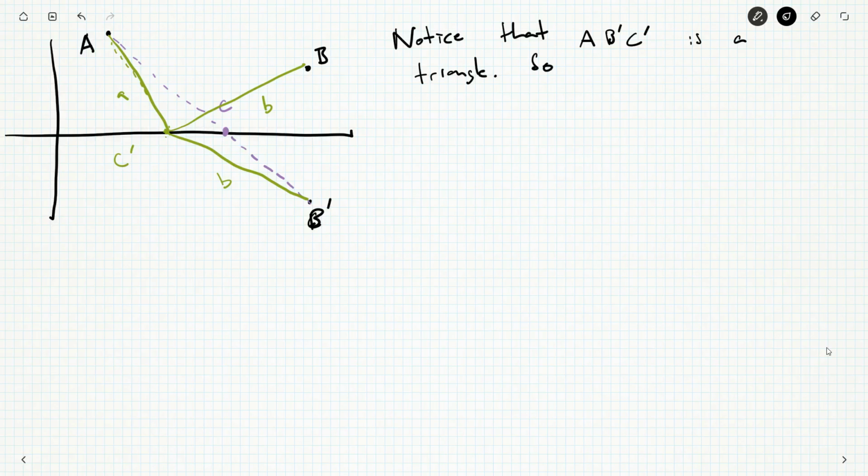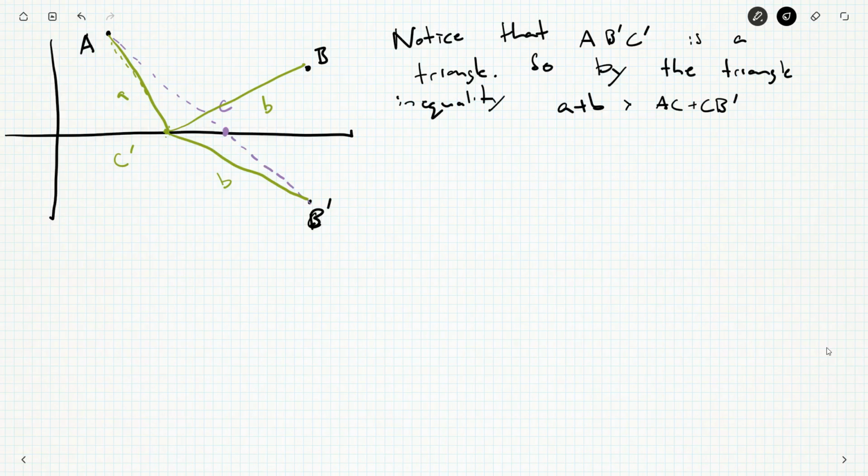Now there's a nice property called the triangle law. Two sides of the triangle need to add up to more than the other side of the triangle, otherwise they wouldn't be able to meet and touch. So this is called the triangle inequality. So by the triangle inequality, A plus B is greater than AC plus CB prime, which is greater than AC plus CB, because again, C is on the axis of reflection, so it's going to be the same distance there.